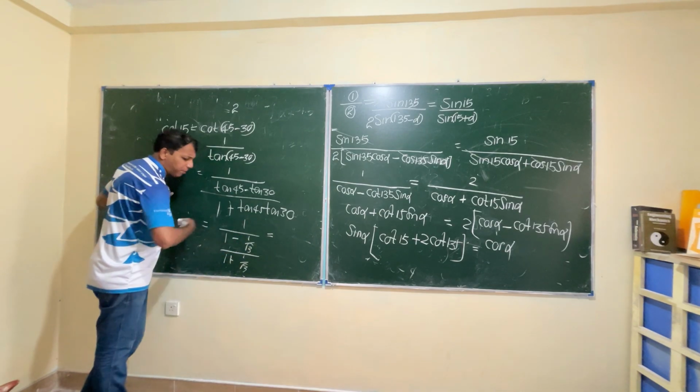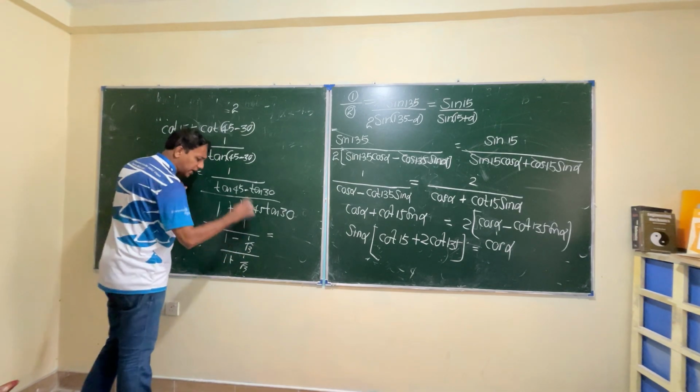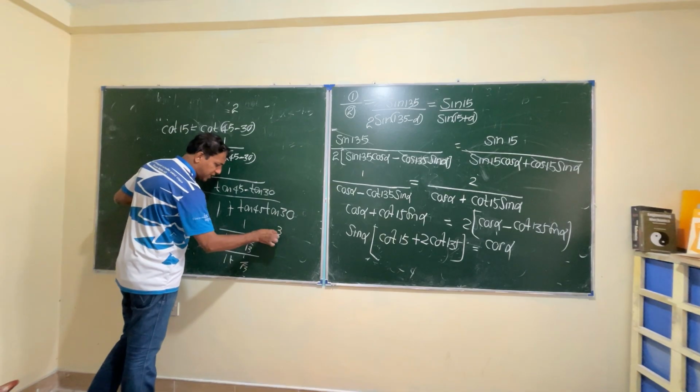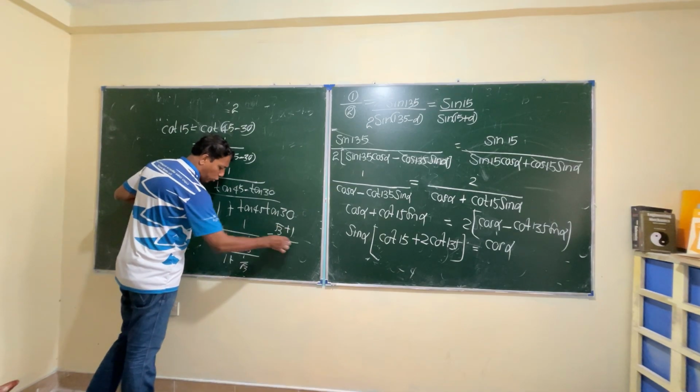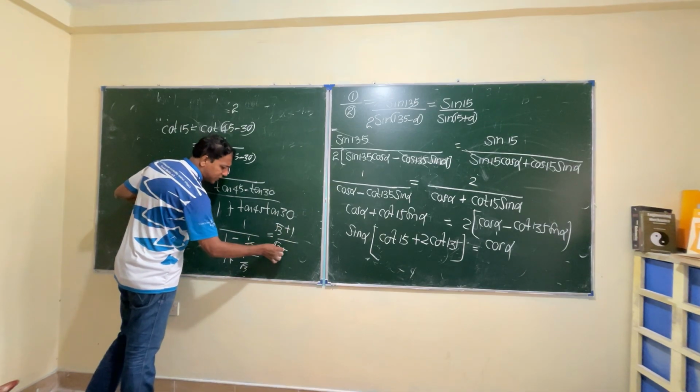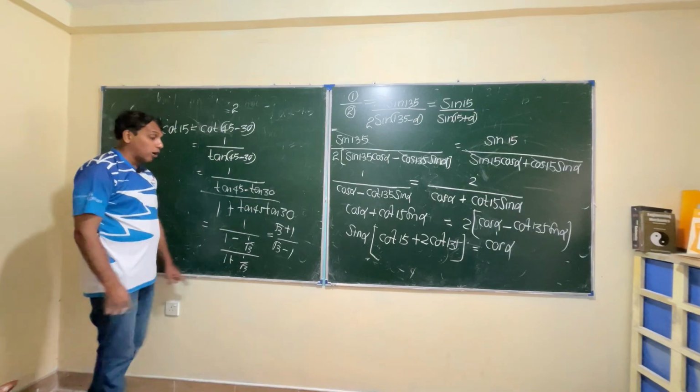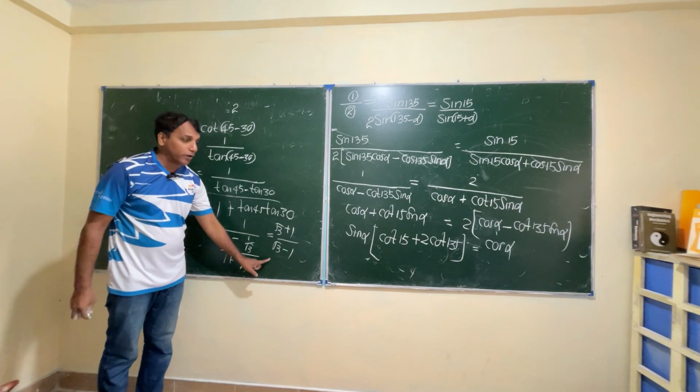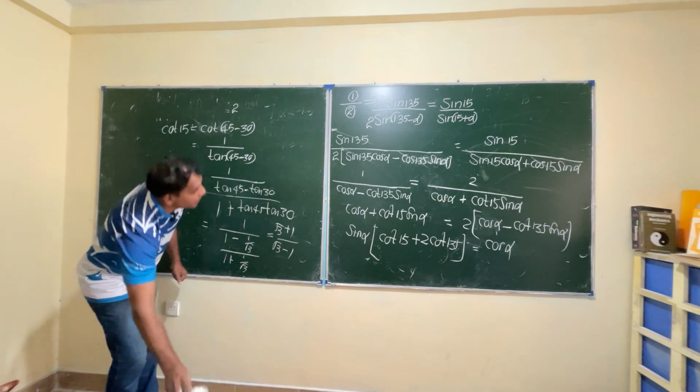Okay, now we multiply up and down by root 3. It goes up, you can say root 3 plus 1 over root 3 minus 1. This is the cot 15 degree value, right? Now we come back there and simplify.